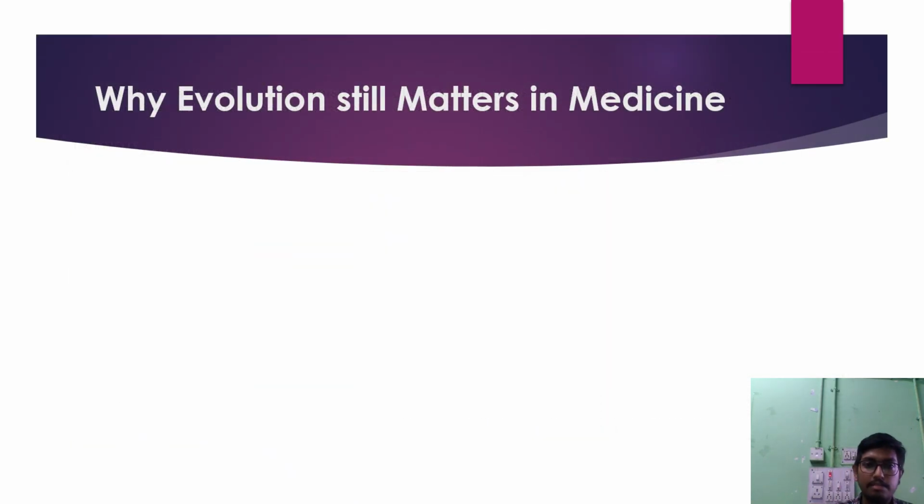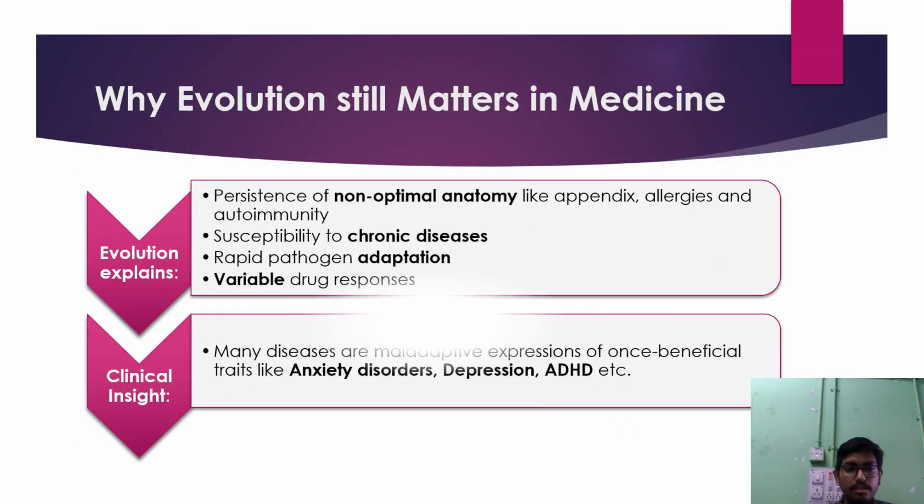Now, why does evolution still matter in medicine? Evolution explains the persistence of non-optimal anatomy like the appendix, which has no function in our time but is still present. Allergies and autoimmunity are examples. Susceptibility to chronic diseases, rapid pathogen adaptation, and variable drug responses are also present, and evolution explains this.